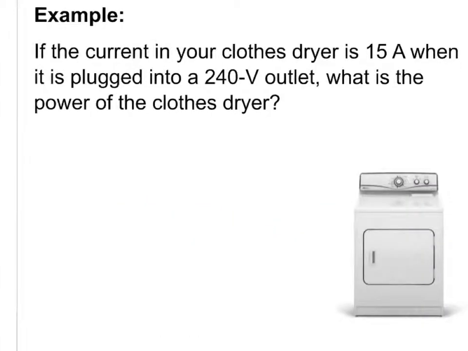Let's look at an example using our formula for electrical power. If the current in your clothes dryer is 15 amperes, when it is plugged into a 240 volt outlet, what is the power of the clothes dryer? Well, let's write down our formula and we can plug in values that we know. We know that power equals current times voltage.